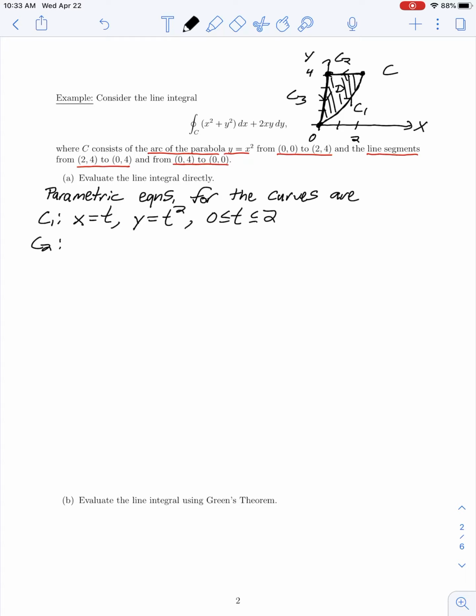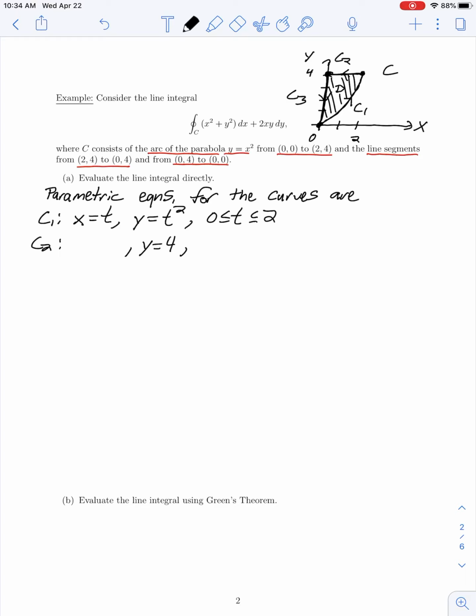Now, our second part of this curve, C2, consists of the line segment from (2, 4) to (0, 4). So here, every point on that line segment C2 has a fixed y value of 4. So let's take y as a constant 4.